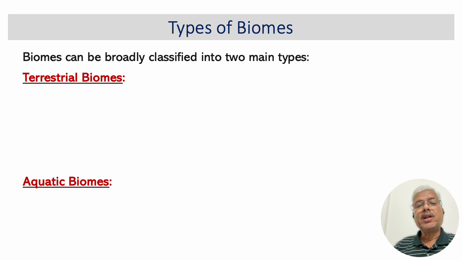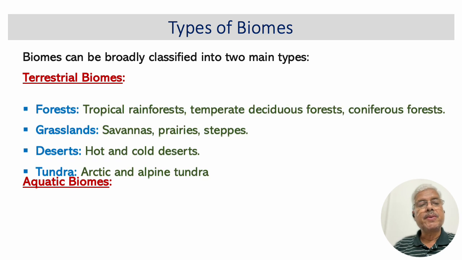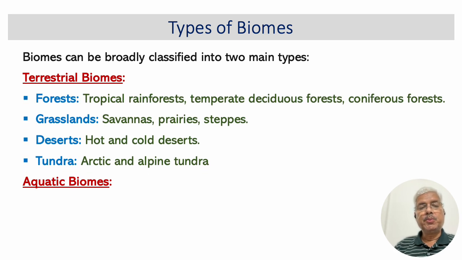Biomes can be broadly classified into two main types. The terrestrial biomes, these are the land-based biomes, and aquatic biomes, which are the water-based biomes. The terrestrial biomes include forest biomes like tropical rainforest, temperate deciduous forest, and coniferous forest. Grassland biomes include savannas, prairies, and steppes.